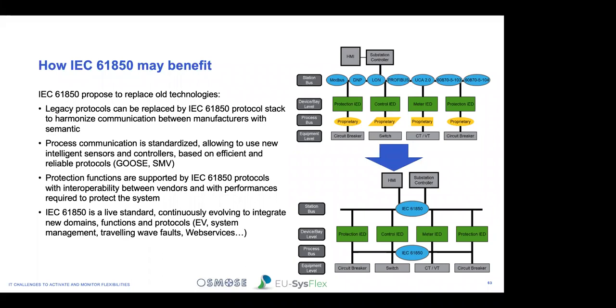So GOOSE and sampled value protocols are two new protocols introduced in 61850, to have a predictive and reliable exchange between the different devices to be sure that we are not tripping circuit breakers or switches too late.